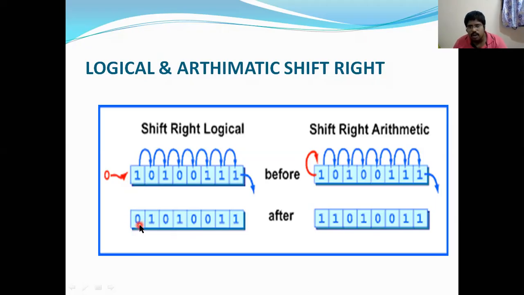That means if I want to perform the shift right logical operation once again, then this 0 will come to this place, this one will come to this place, and this 0 will come here, and this one will go to the outside world. Here also you will get an empty place in the first position, and that is going to be filled with 0.